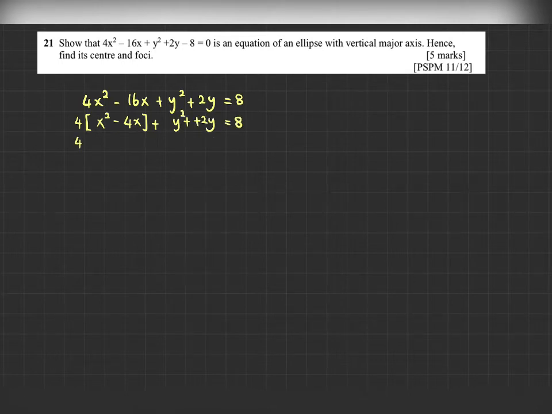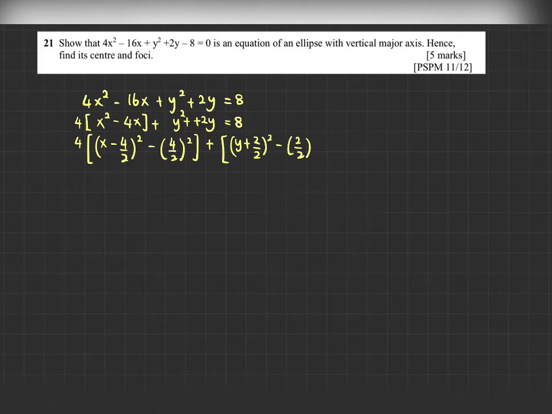Now, kita buat completing the square. So, x minus 4 over 2 square minus 4 over 2 square plus y plus 2 over 2 square minus 2 over 2 square equals to 8.